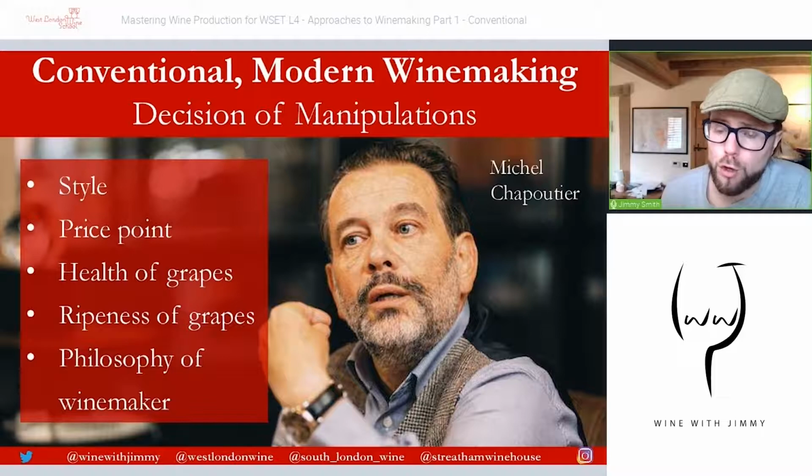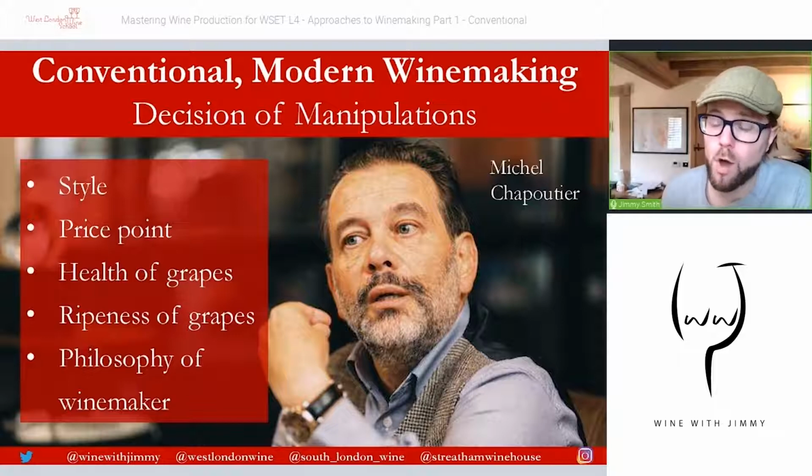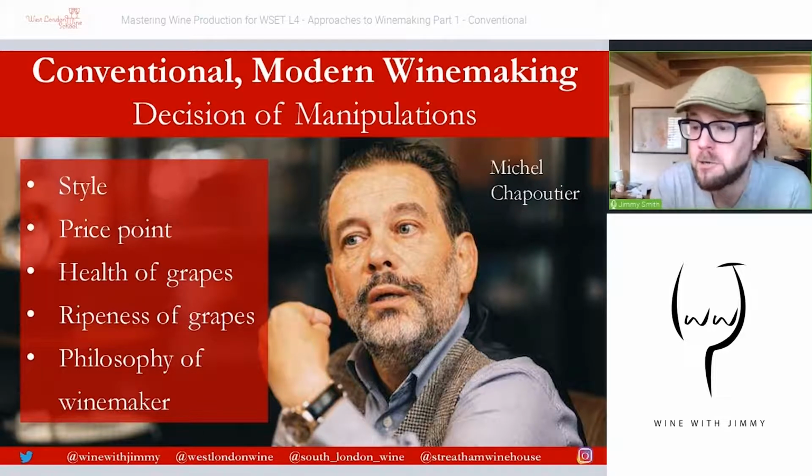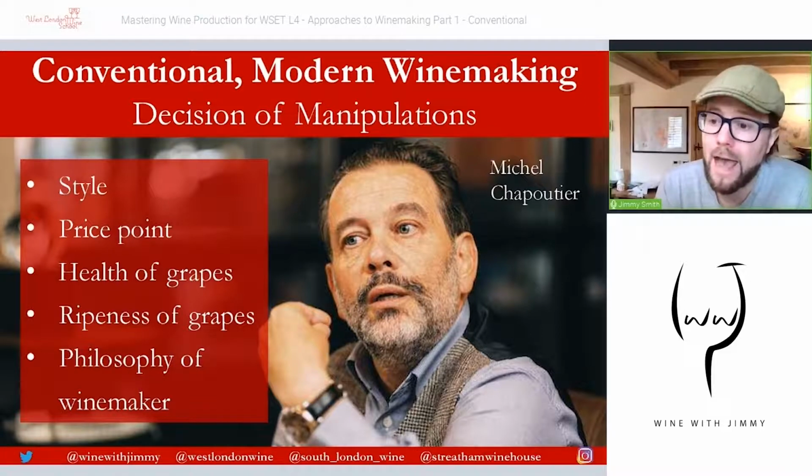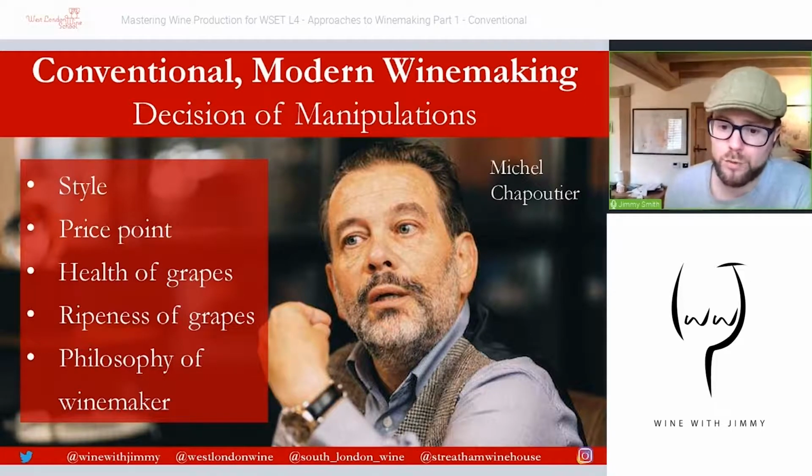Some examples for you. So sterile filtering of wines with residual sugar. So wines that are making potentially things like off-dry styles, demi-sec, moelleux, and even sweeter examples.